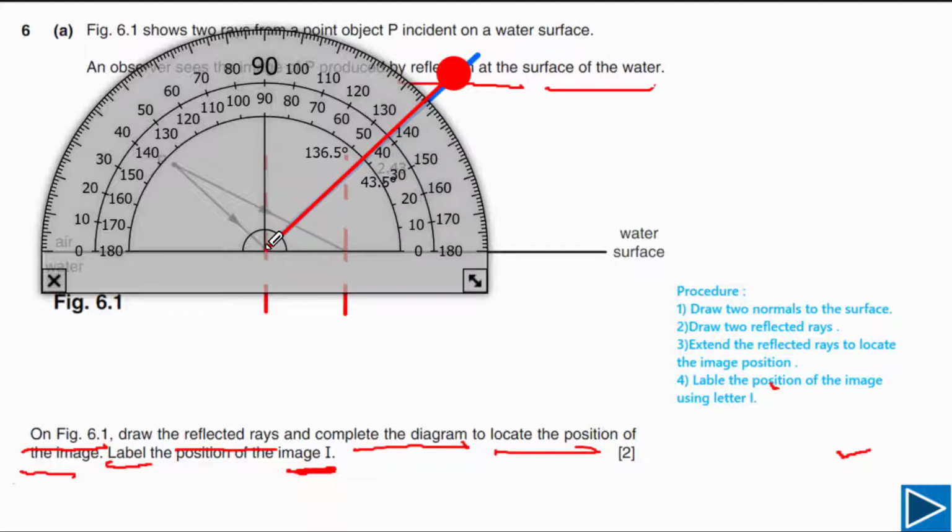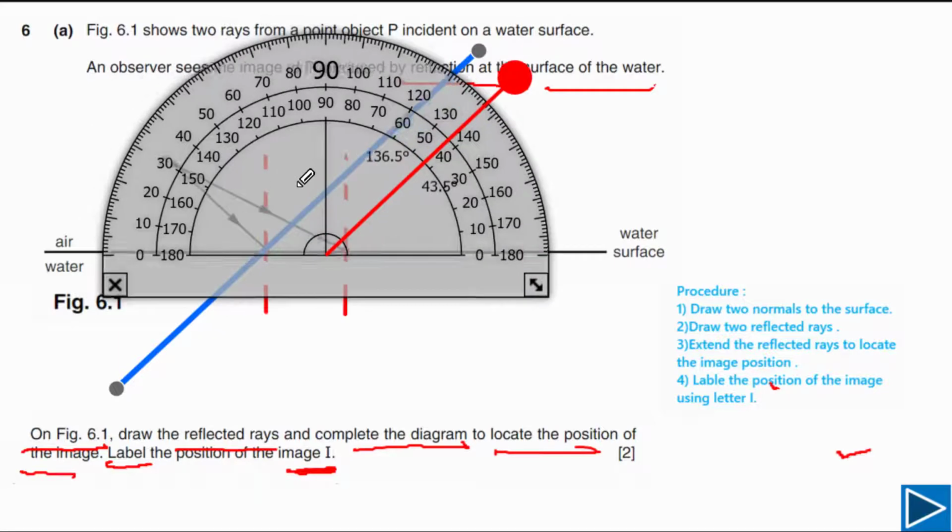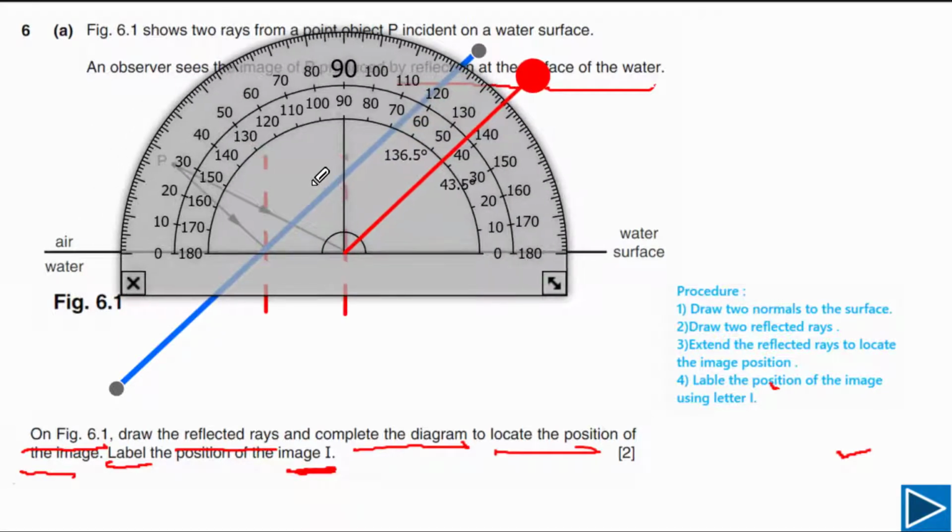This is how we can draw. We can also extend this one because we need to extend to locate the image, so we do not need to redraw again. So this is our reflected ray. Now we need to draw another reflected ray at this point. Again we need to find the angle of incidence for the second incident ray, and this angle is 28, so it simply means that the angle of incidence is 62.